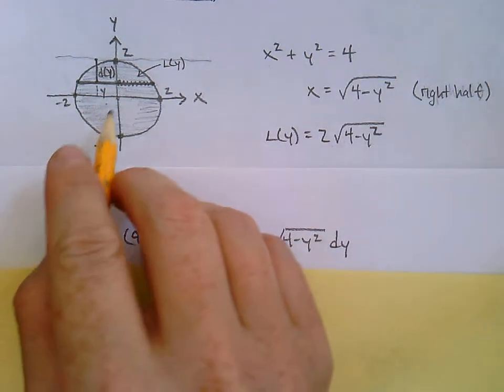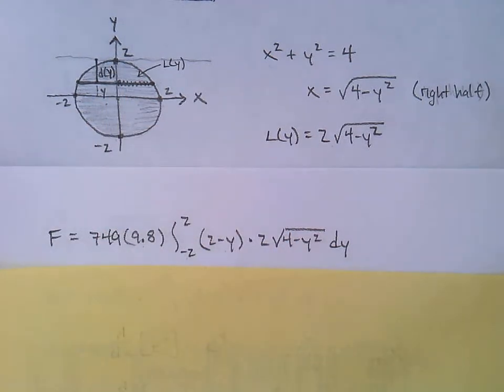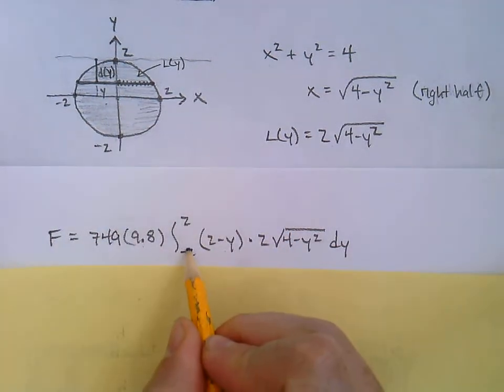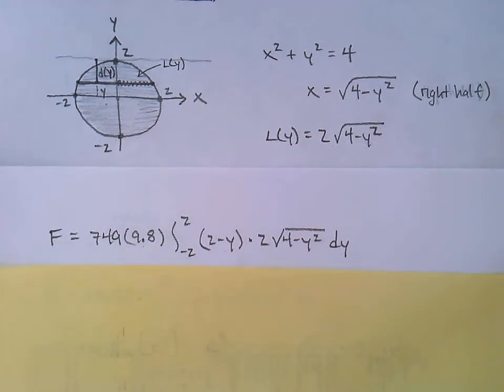Do you think it would be possible to go from 0 to 2 in our integral and then double? Could we go 0 to 2 and then double it? Would that be okay here? It seems at first like that would be fine and that might make our work easier, but turns out we cannot do that in this case.